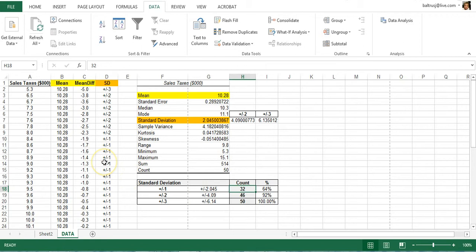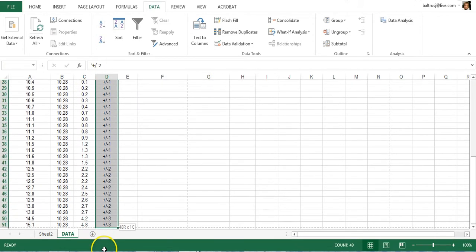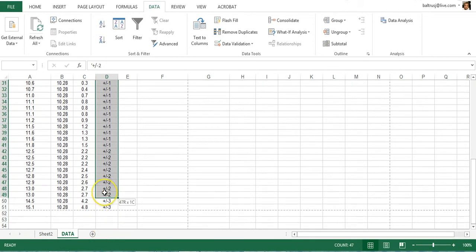Now by default, all the records that are plus or minus 2 standard deviations also include the ones obviously that are plus or minus 1. So we know that we need to look for values in this mean difference column that are roughly plus or minus 4. So we have values going up here to negative 3.8 all the way down to, and we want to stop at around 4. We stopped at 2.7 because 4.2 exceeds 4.